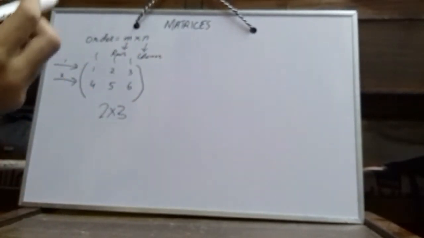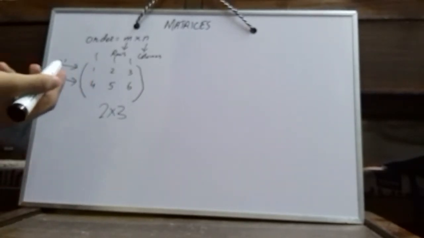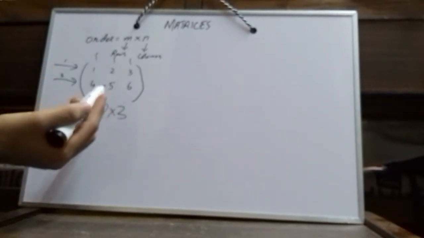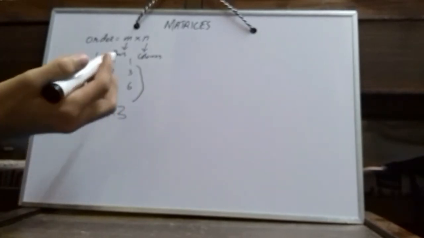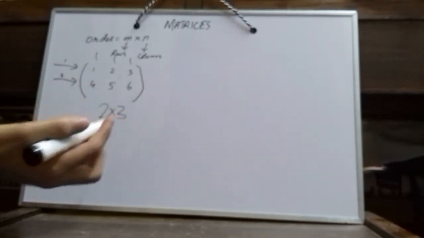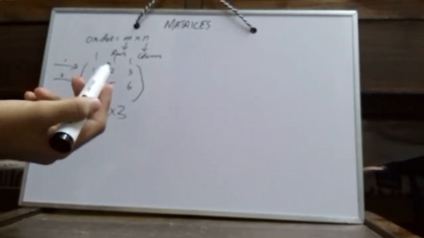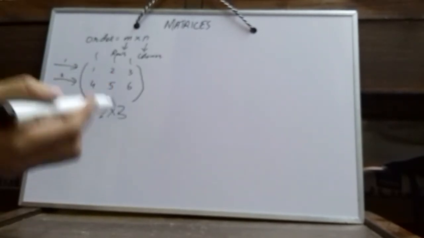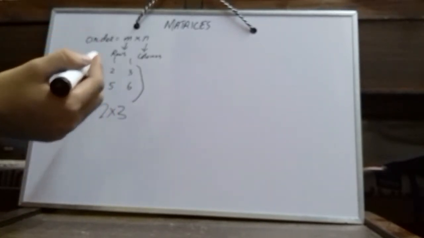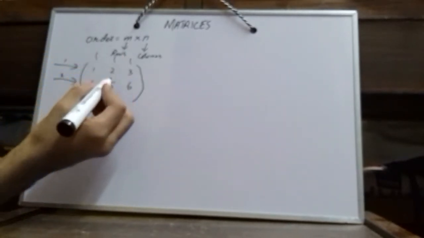Each number present in a matrix is an element of the matrix. So how many elements does this particular matrix have? It has 1, 2, 3, 4, 5, 6. You can also calculate it by multiplying the number of rows and columns. You'll get the number of elements present in the matrix, and each element has a specific entry, a specific position inside the matrix, like the number 5 over here.